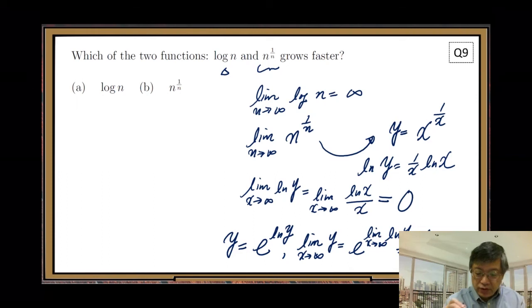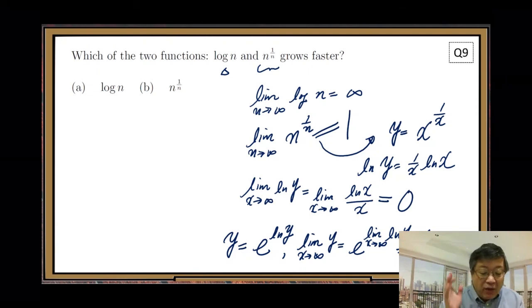So it is 1. All right? So the limit of y when x goes to infinity is 1. X takes the continuous variable, the limit is 1. But then when you take the discrete variable, the limit is also 1.